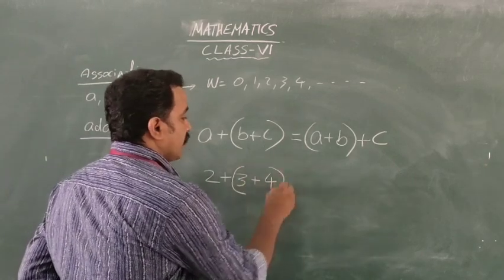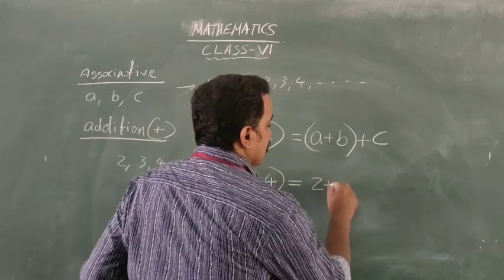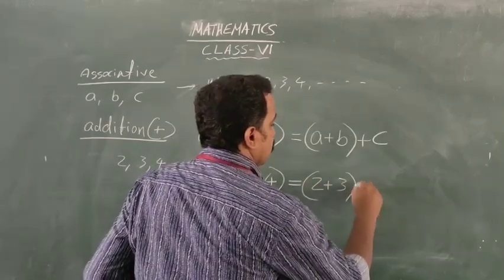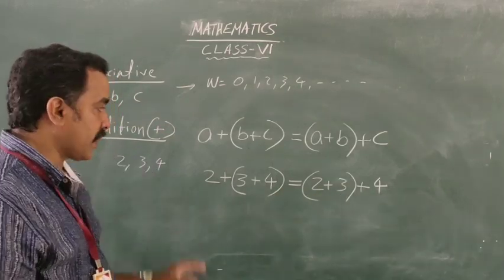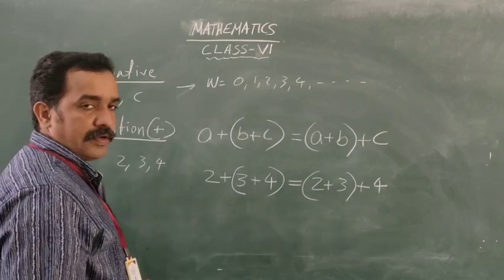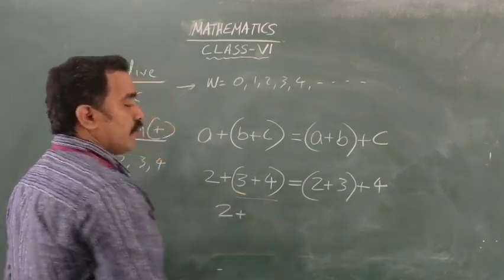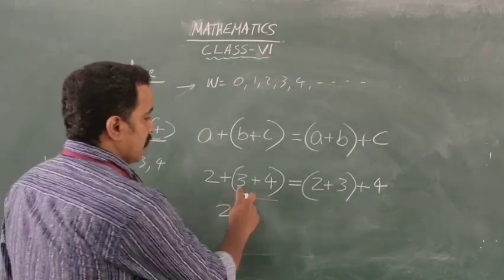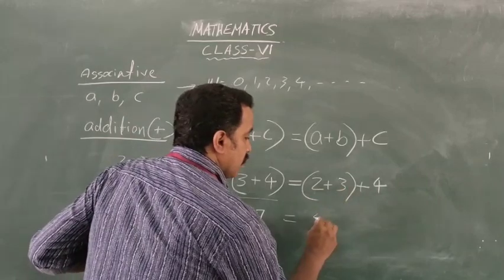Here 3 plus 4 is inside the bracket, and here 2 plus 3 is inside the bracket. Now to solve in the next step, you have to do what is inside the bracket first. 2 plus 7 is equal to 5 plus 4.